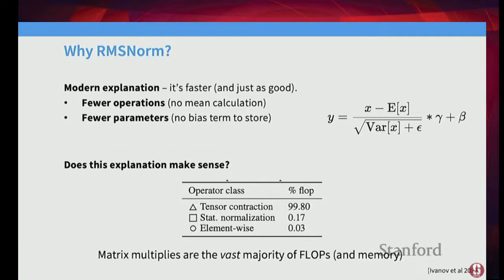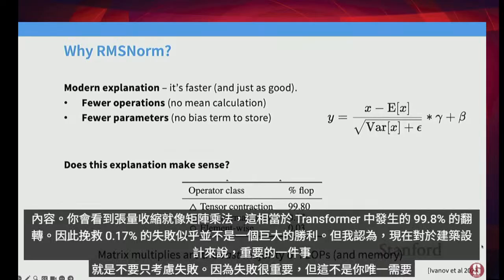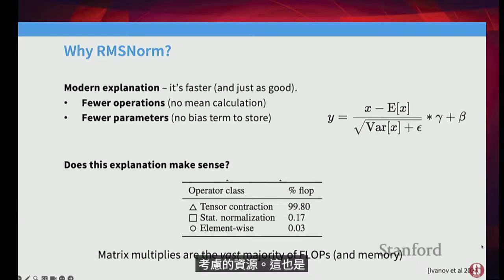If you think about the percentage of flops taken up by different operations in a transformer, there's a nice paper by Ivanov et al. in 2023, I think the title is something like Memory Movement is All You Need, that does profiling of all the different components of a transformer. And you see that tensor contractions, which are like matrix multiplies, are 99.8% of the flops in a transformer. So saving 0.17% of your flops doesn't seem like a huge win.